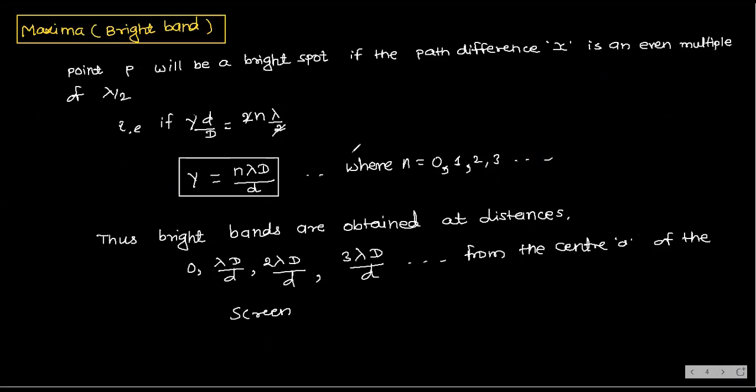Okay, this is about the bright band or bright spot. What about the dark spot? That is minima. So see here, next is for minima. Minima, in brackets dark band or dark spot, whatever you want you can say. Dark band.